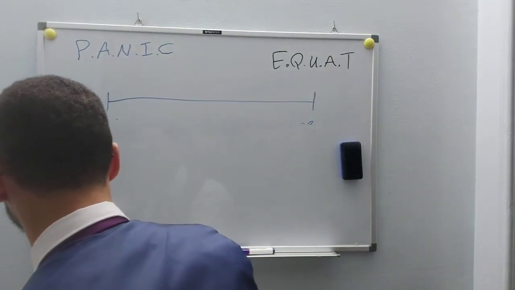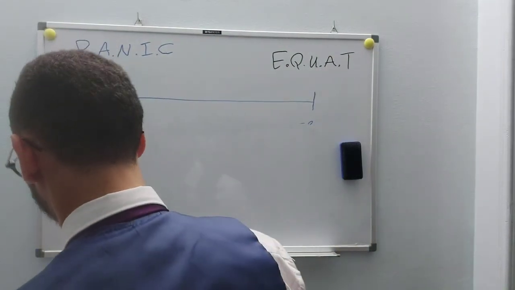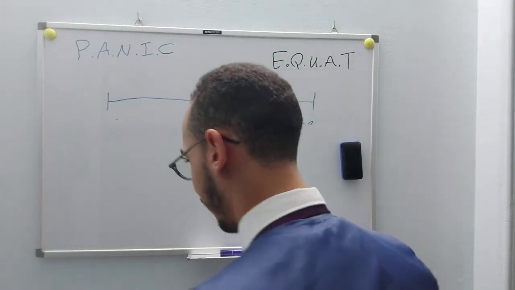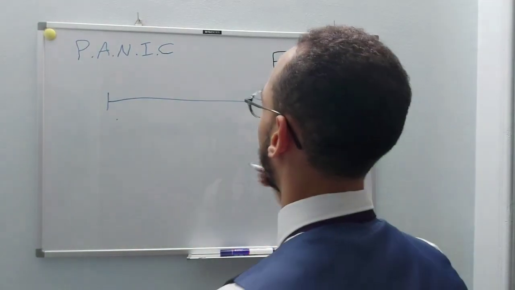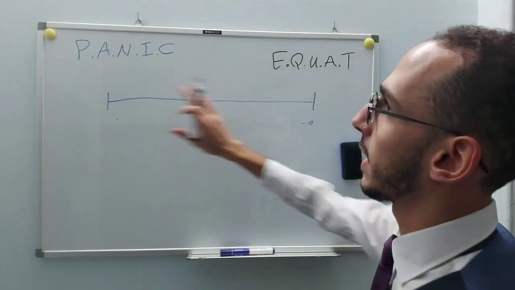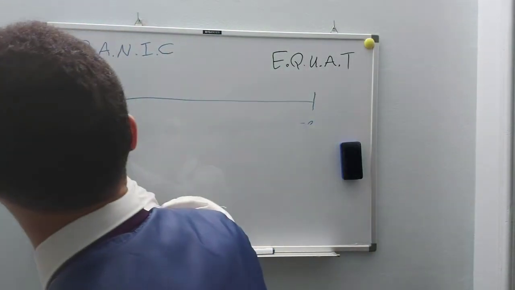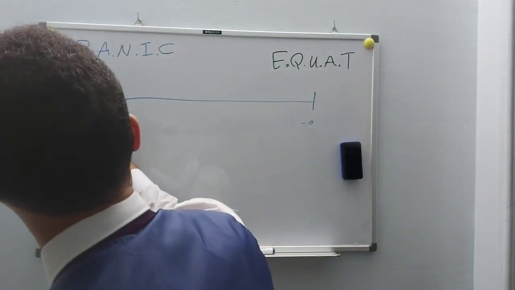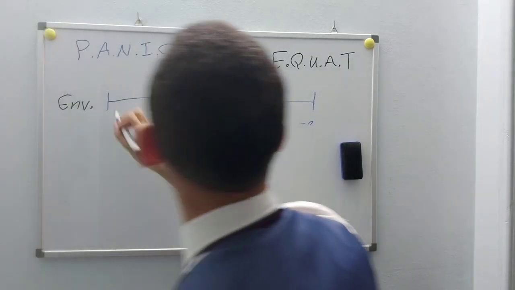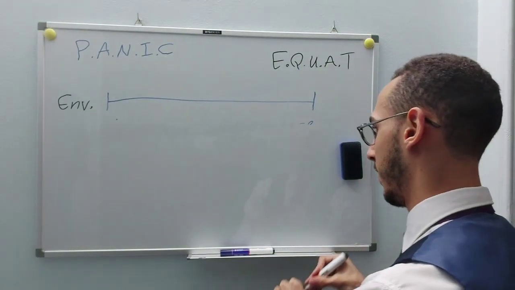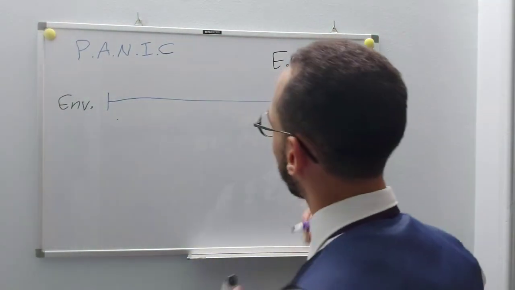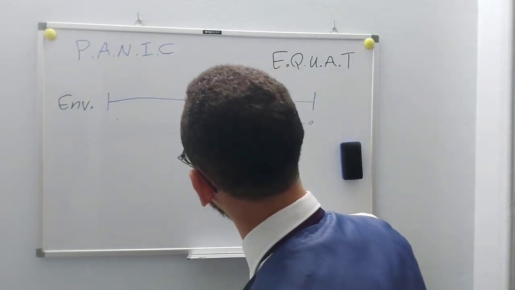Finally, now that we've established the mechanism of control. So, this is your environment. It exists on a spectrum. This is something we've established. Let's go environment. Let's just write that there. And here is you.